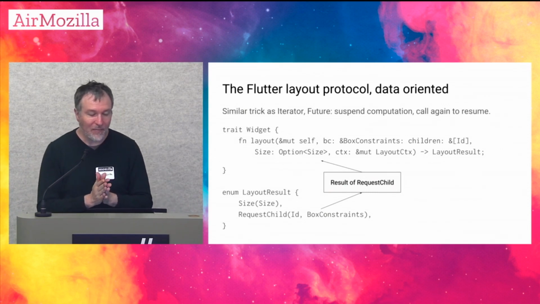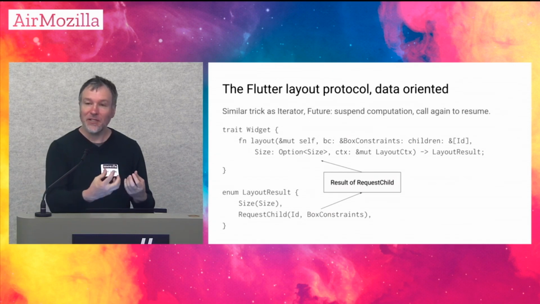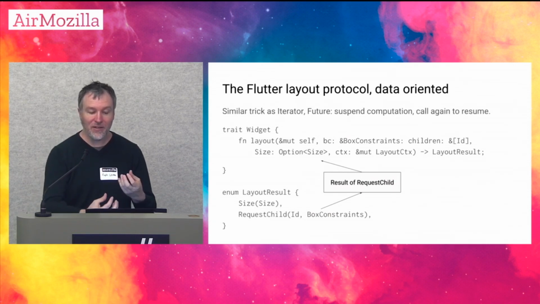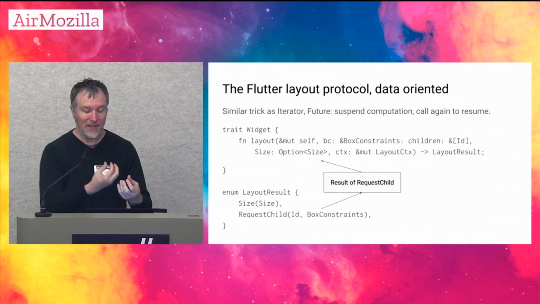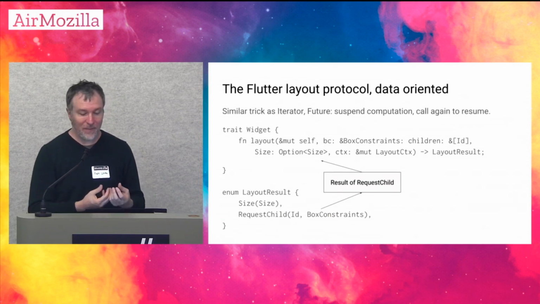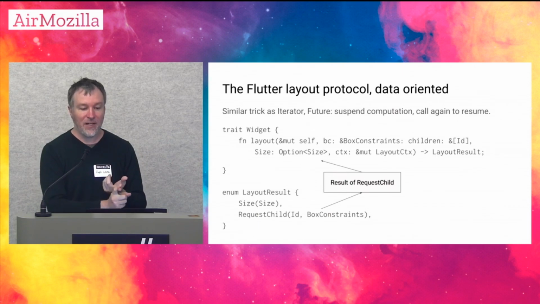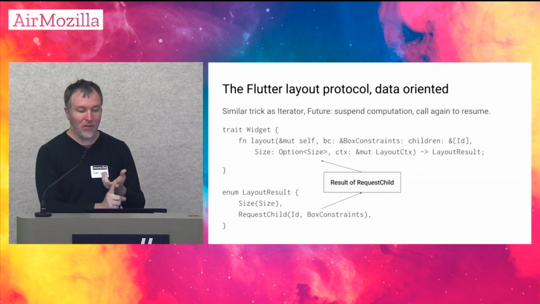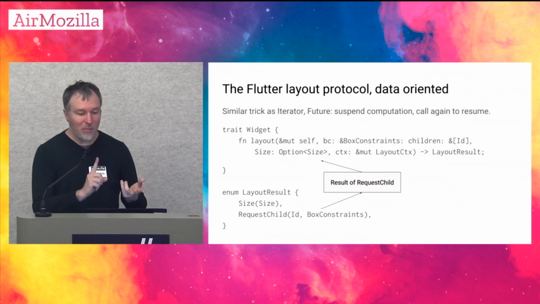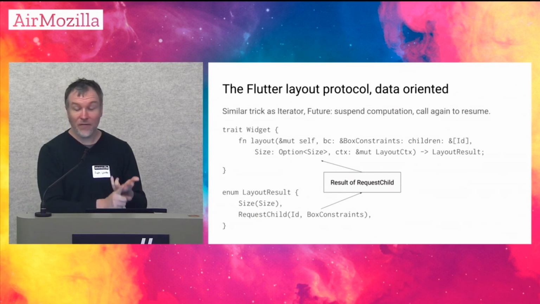All right, and then we're going to pass this option size, which is basically the result of the last widget that's the child. So when this widget returns, it's going to either return the size and say, I'm done, here's my size, we're laid out now, or it's going to say, don't know yet, but please request the layout of this child and then call me again when you get the answer to that.